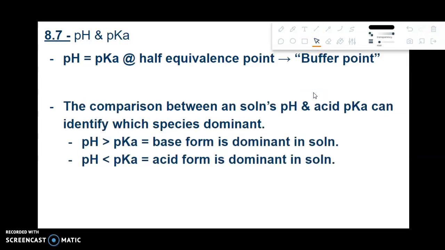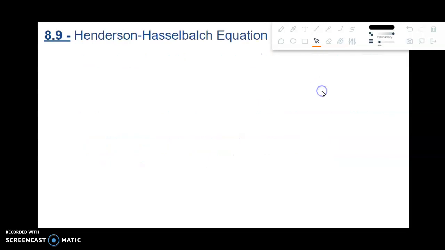So when we're comparing solutions pH and pKa, we can identify the dominant species. pH greater than pKa, we have more base. pH less than pKa, we have more acid. pH equaling the pKa, we are at the buffer point.